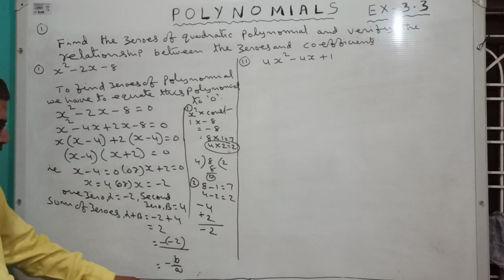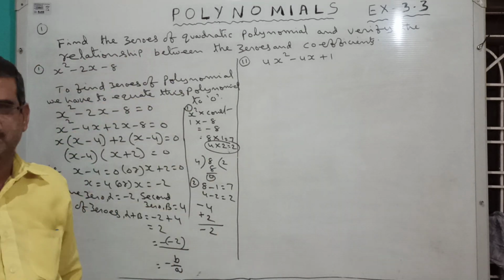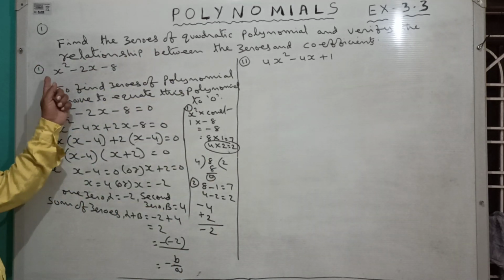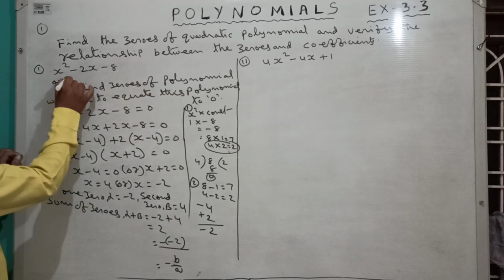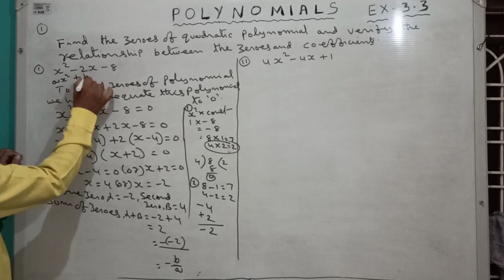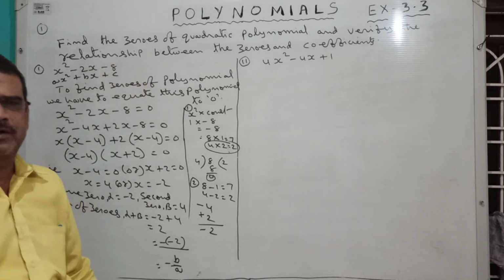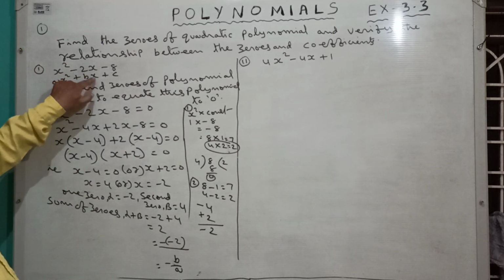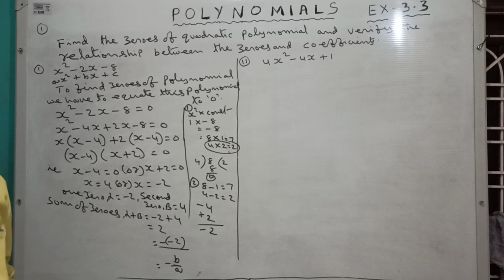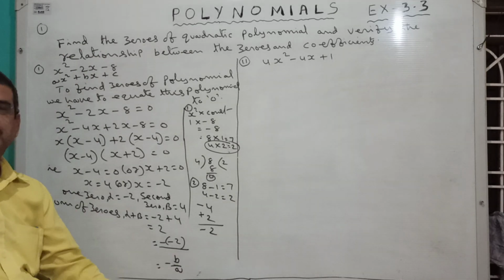divided by a. A means x square coefficient. I already told in the basic class, the general quadratic polynomial is ax square plus bx plus c. This is the general quadratic polynomial. So a means x square coefficient, b means x coefficient, c means constant. So sum of zeros formula is minus b by a.